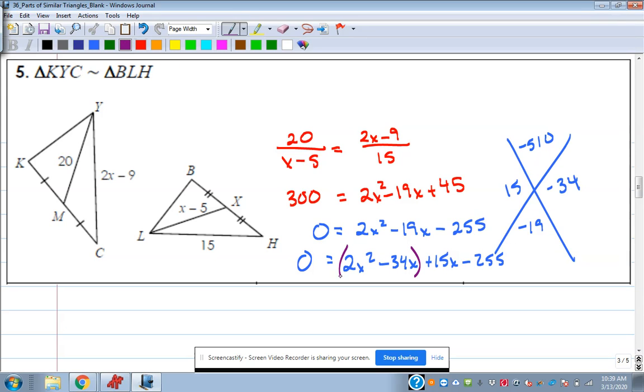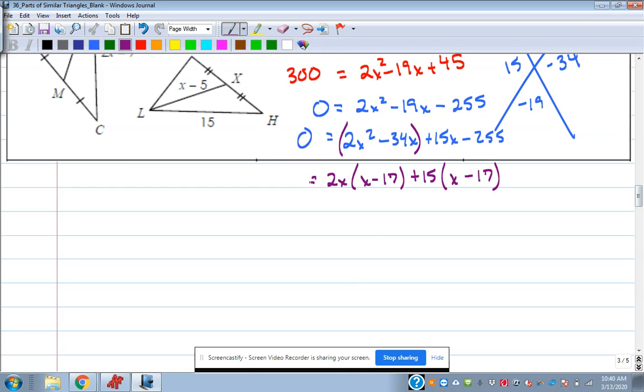Root. And so we got 2x plus 15 and x minus 17. So that's going to be negative 15 over 2 and 17.